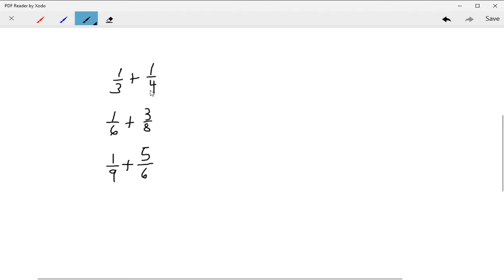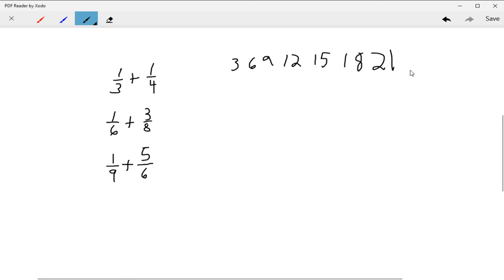So for 3 and 4, you can start listing multiples of 3 and 4. So let's go 3, 6, 9, 12, 15, 18, 21.